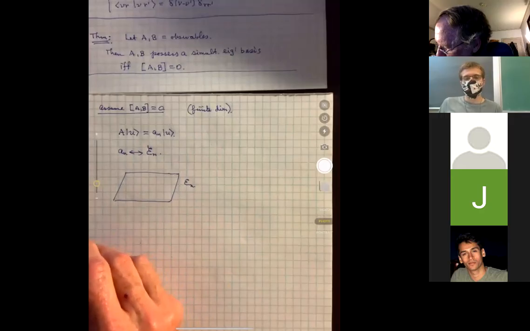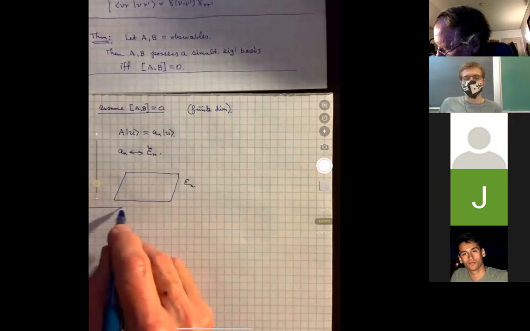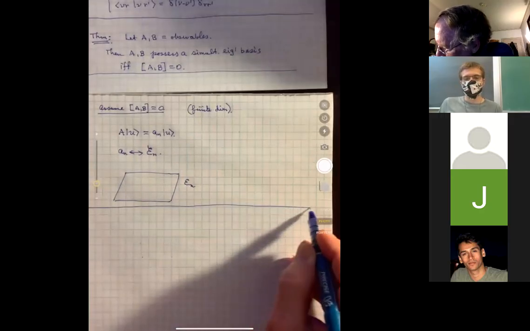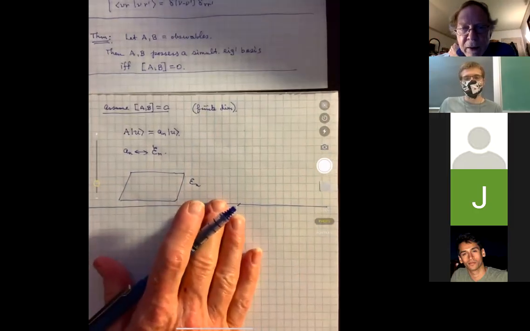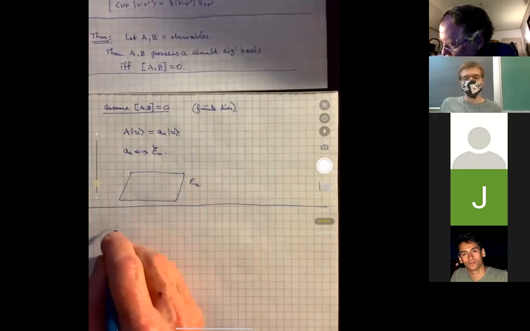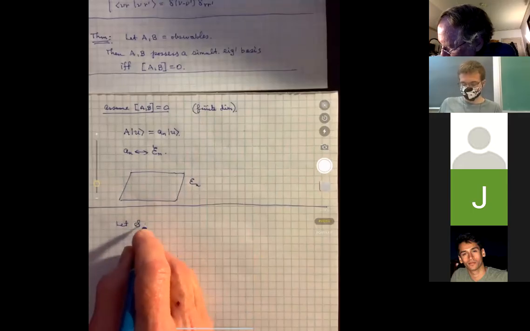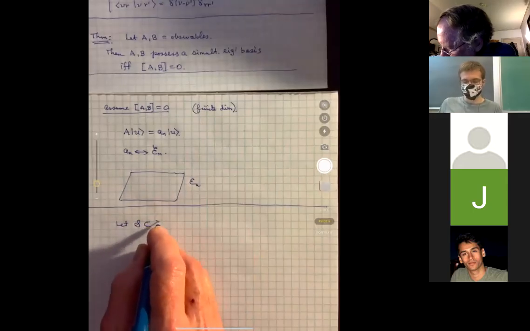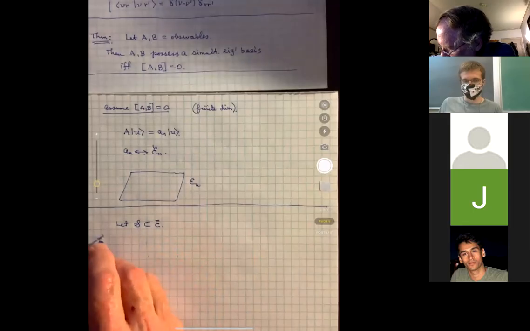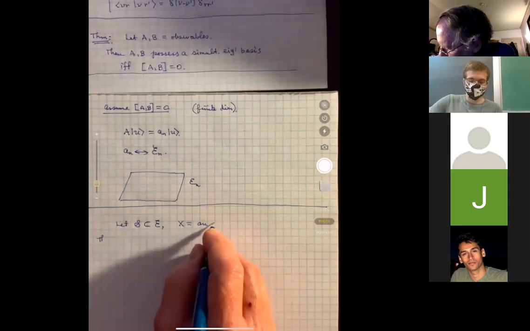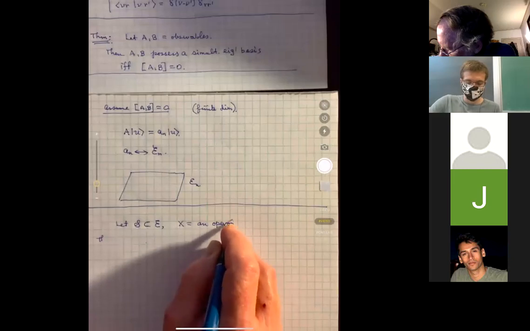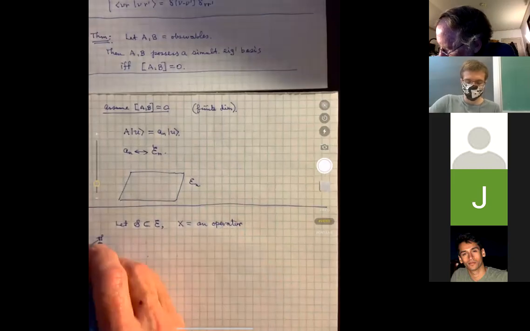Now, before I proceed, I want to make a digression into the concept of what you call an invariant subspace. So this is a digression now. Let S be any subspace of our Hilbert space, and let X be an operator. Then we have a definition.